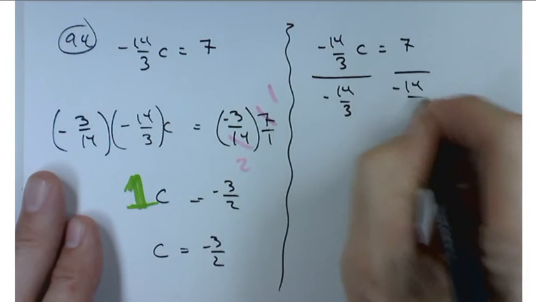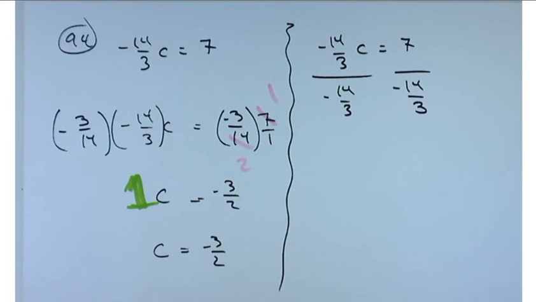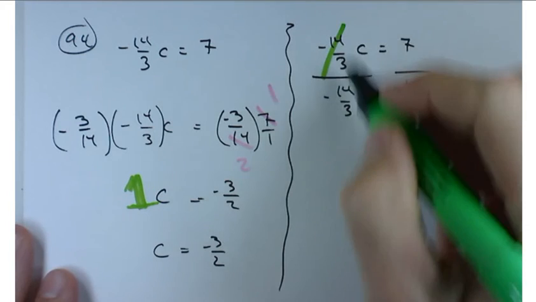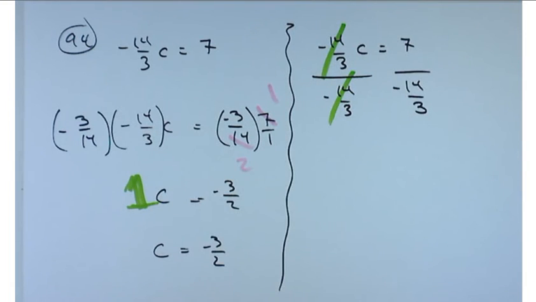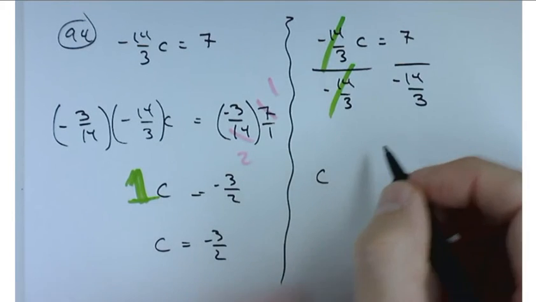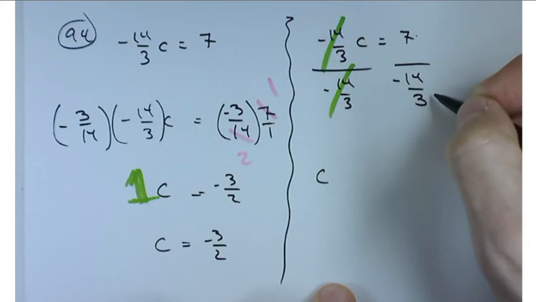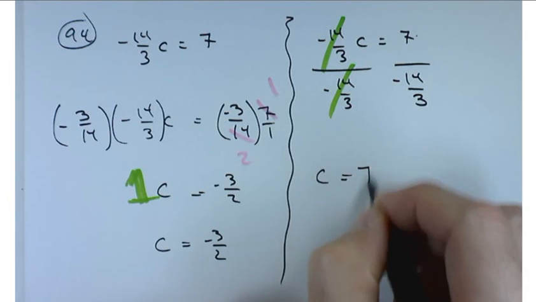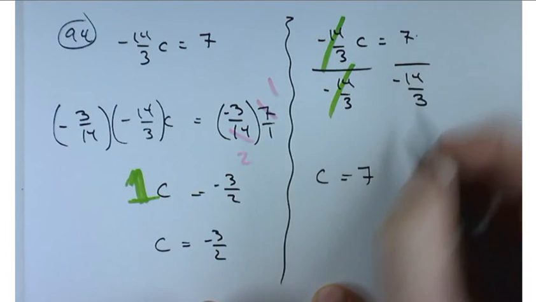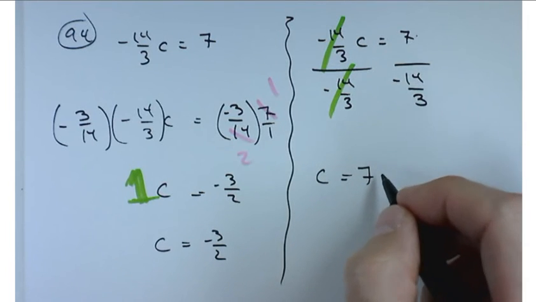On the left-hand side, something divided by itself cancels out, so I just get the C. On the right-hand side, I've got 7 divided by a fraction.